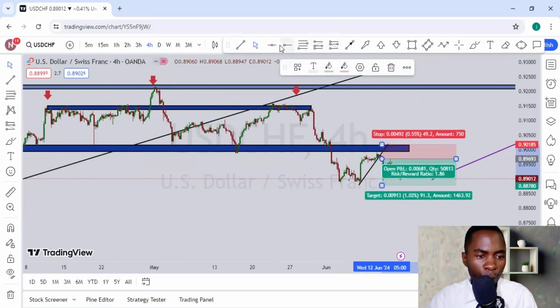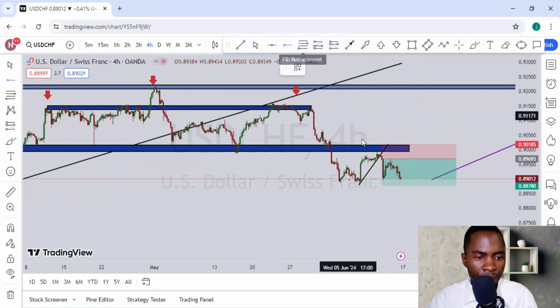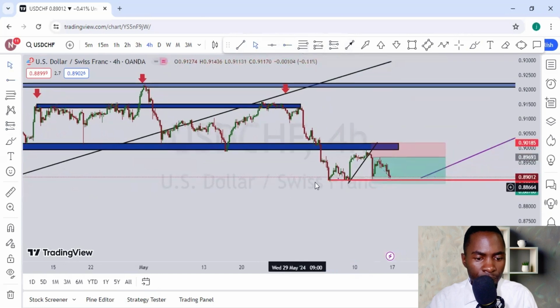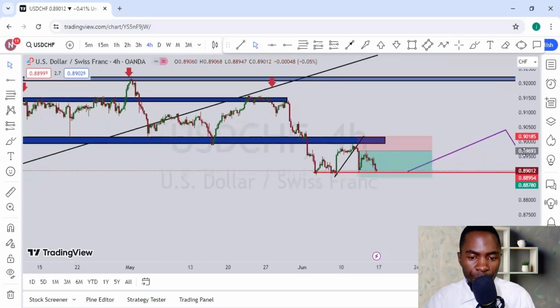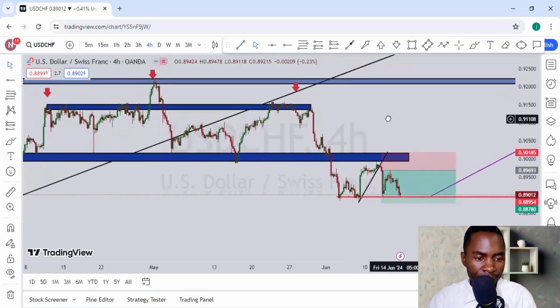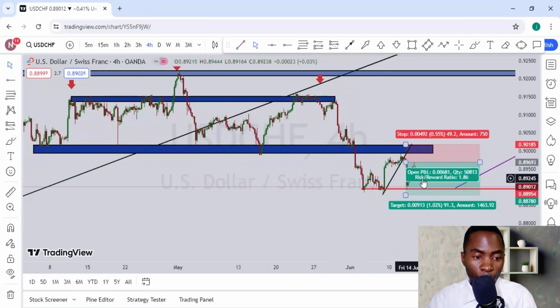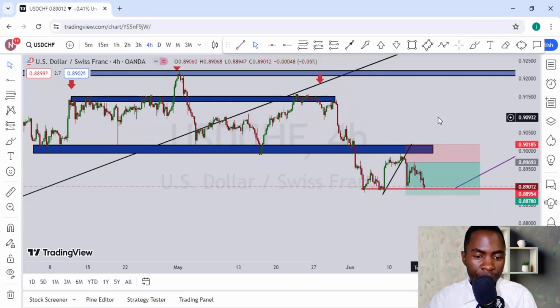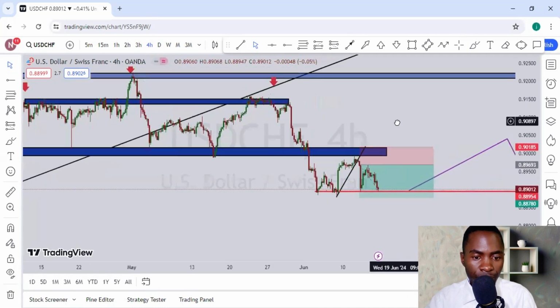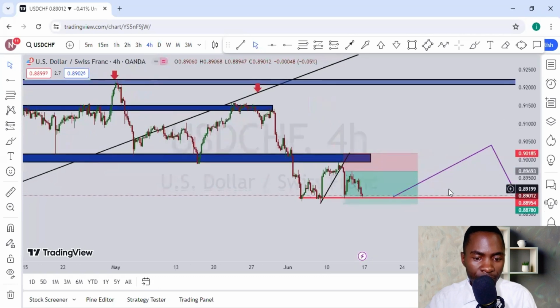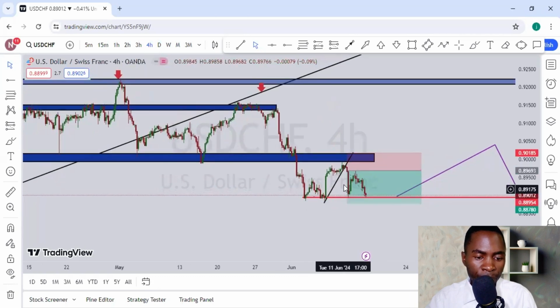By now, I think I would have taken my 50% out, because I think the market has already hit my take profit one, if you can see it from a distance. So this is a break and retest, and I enter here. This would be about 91 pips, which is a good profit. Now you can see very clearly, by now I would have been at my first profit.